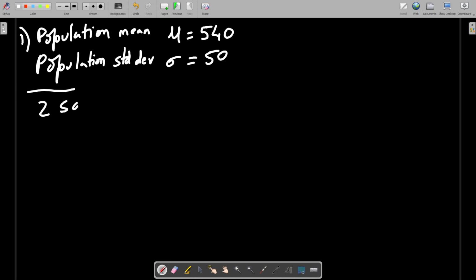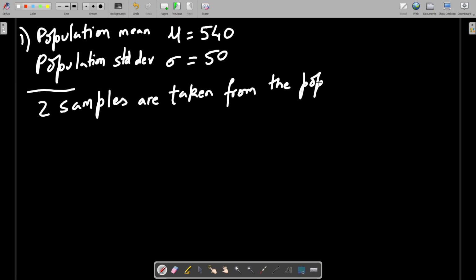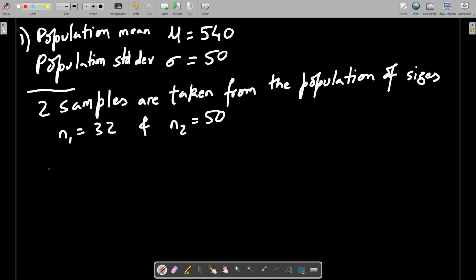Now two samples are taken, of sizes n1 equal to 32 and n2 equal to 50.